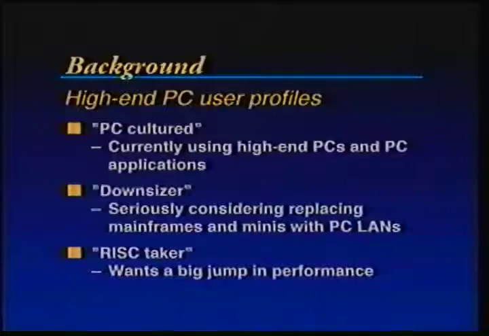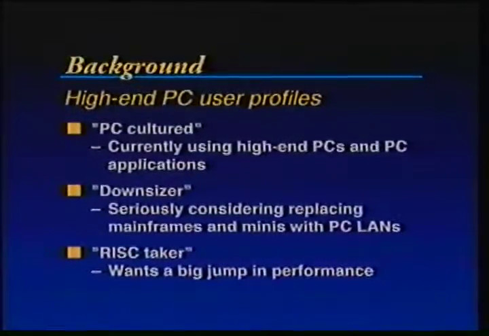If we look at the types of users that Windows NT is going to be designed for, they fall into several categories. You have those people who are PC cultured, and by this, I mean people who currently have high-end PCs, maybe 486 systems with large drives and large memory capacities, and they're using high-end PC applications that need that disk space and memory. You have the downsizers.